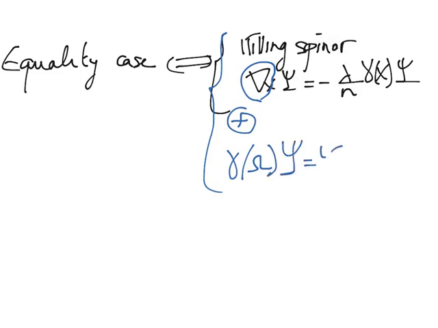So i C_n over 2, of course, norm of omega psi. So in some way we know what is the Clifford multiplication of the 2-form omega on the eigenspinor psi. It's proportional to the norm of the 2-form omega.